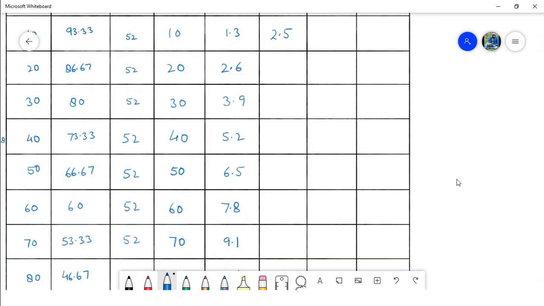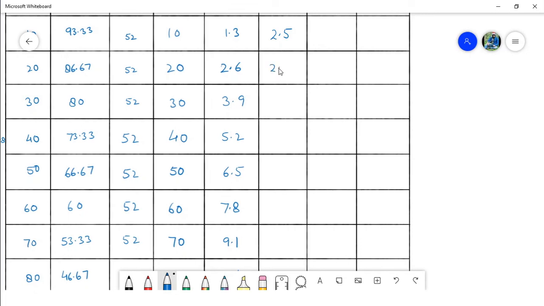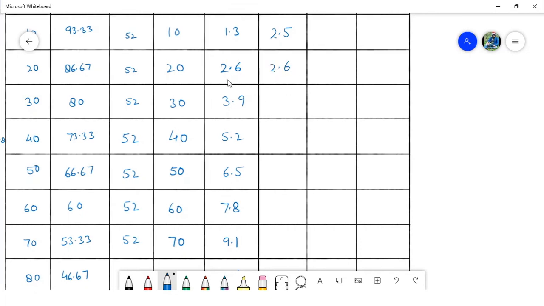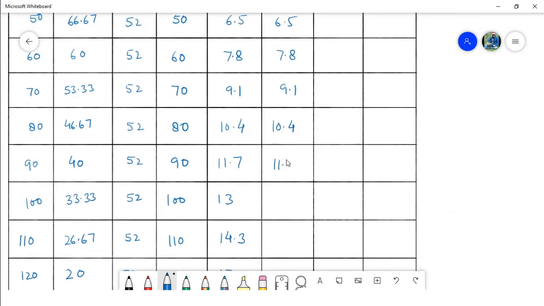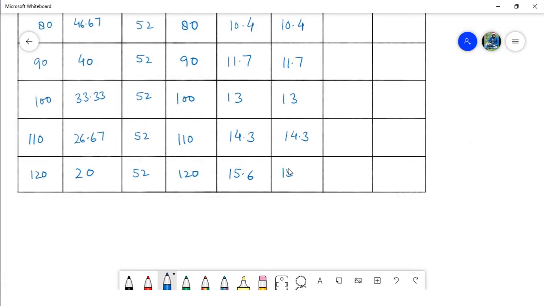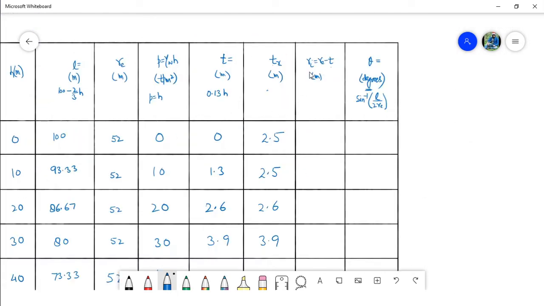In all the rest of the rows, the thickness is greater than 2.5, so the same calculated thickness can be provided in all the elevations. Since this is the external radius and this is the internal radius, and we have calculated the thickness, we can calculate the internal radius.